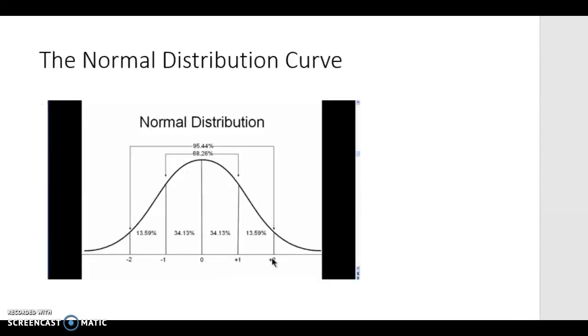So going back to that test score, looking at this normal distribution, each one of these is a standard deviation. So this is 1 standard deviation to the right, this is 2 standard deviations to the right, this is 1 to the left, this is 2 to the left. So these percentages, which are the area under that curve, also correspond to the number of data values that are in that area. So let's say, for example, I had that test score with a mean of 75 and a standard deviation of 15.